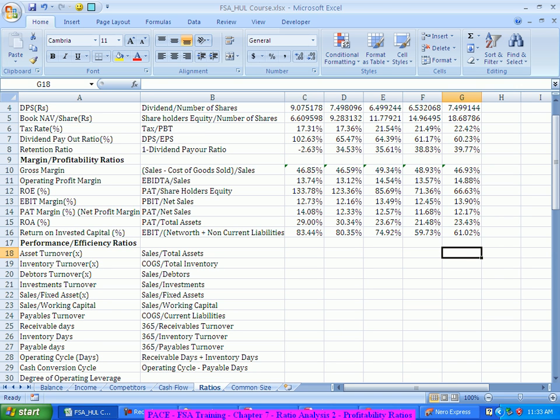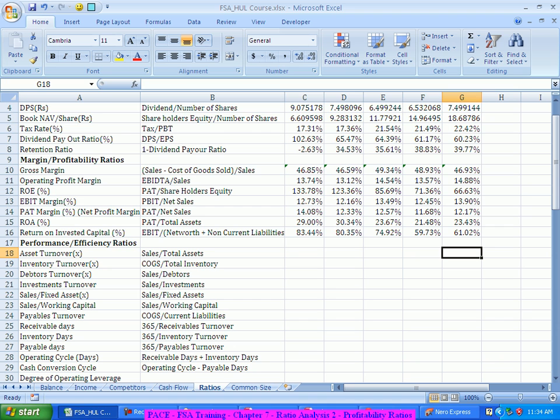Because the debt is almost not existing, your ROI and ROE will be more or less the same. Because there are some long term liabilities, that difference still exists. Otherwise, it's almost the same. So for every 1 rupee invested in the company in any form, 61 paisa is generated as a profit. So the higher the number is, the more profitable it is to invest in that kind of a share.